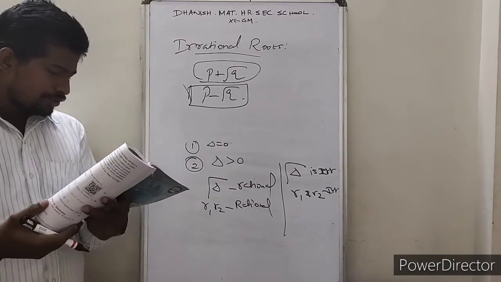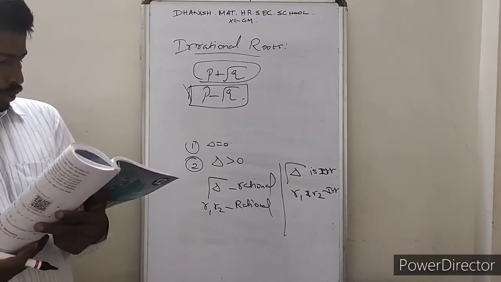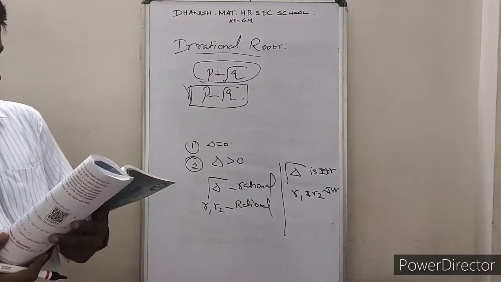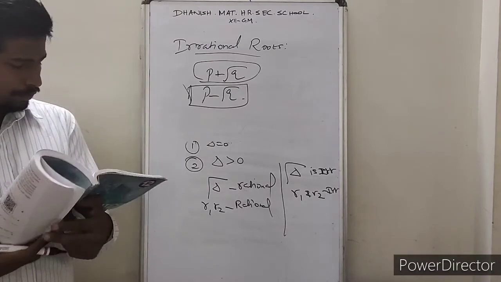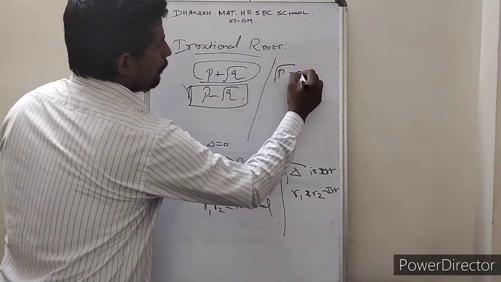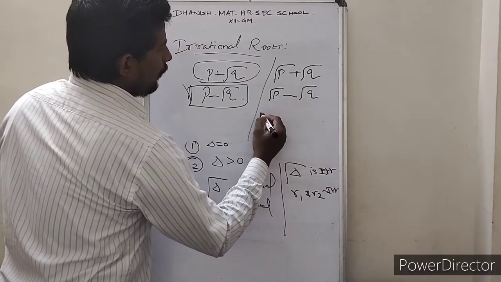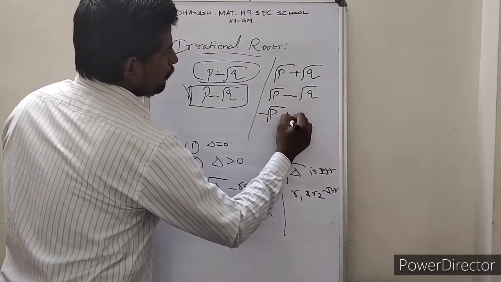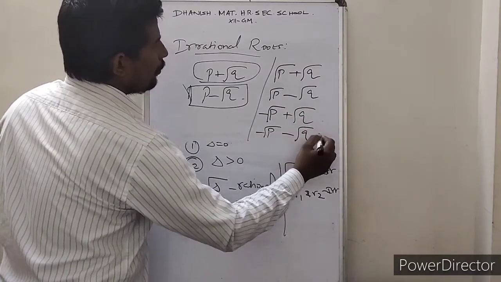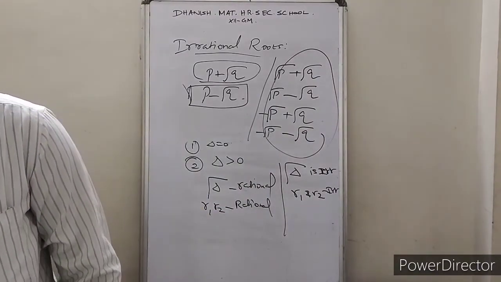If root p plus root q is a root of a polynomial equation with rational coefficients, then root p minus root q, minus root p plus root q, and minus root p minus root q are also roots of the same polynomial equation.